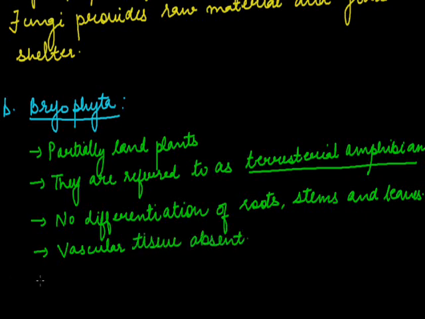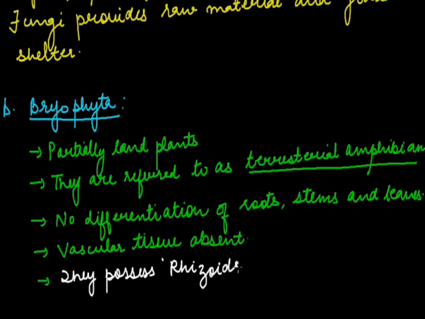Vascular tissue is absent, but they possess rhizoids. What are these rhizoids? These rhizoids are root-like structures.